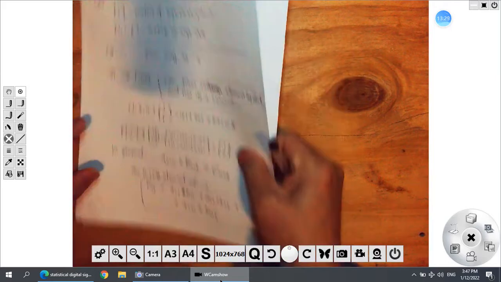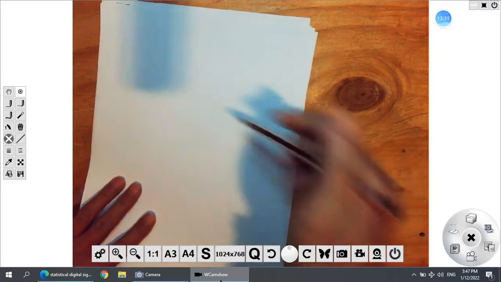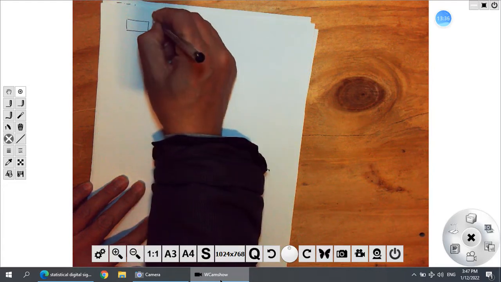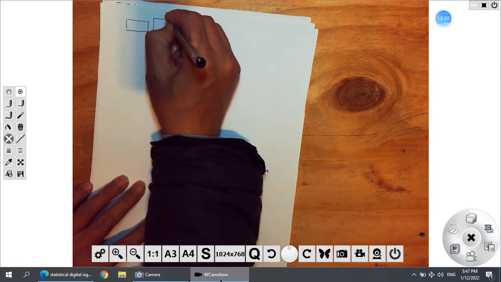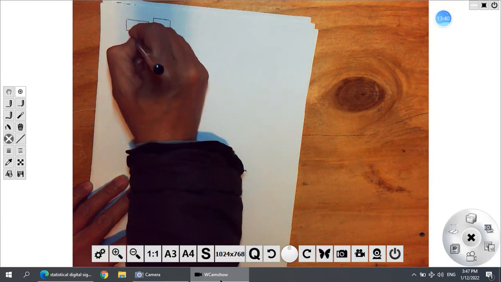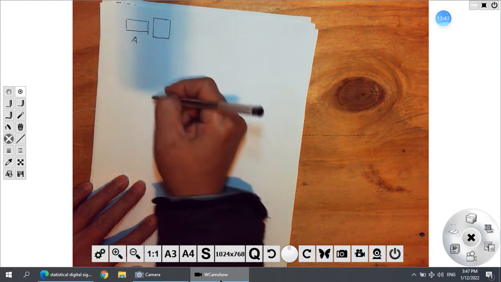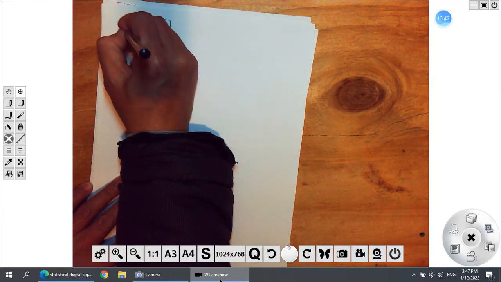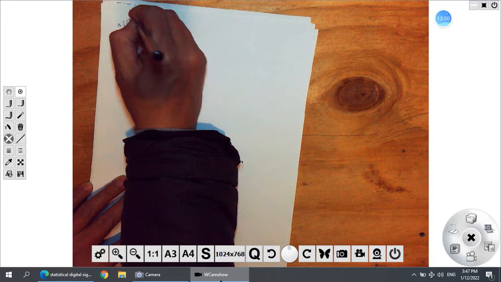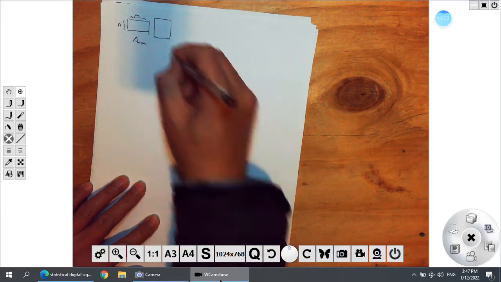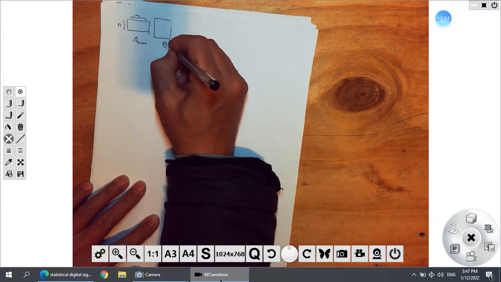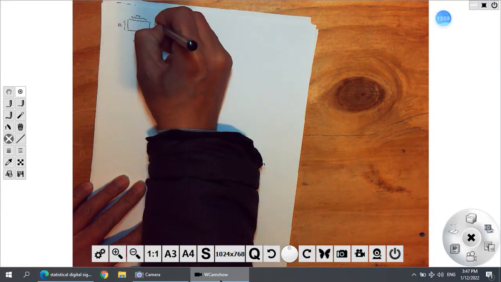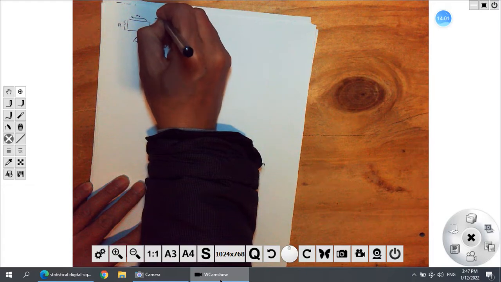I use a graph to show it. Like this. This is A, size n by m. So we have n rows and m columns. And this is B, the size is m times k. So m rows, k columns.